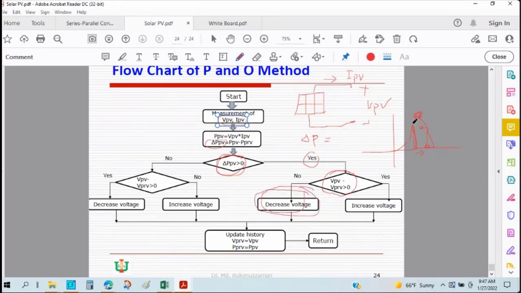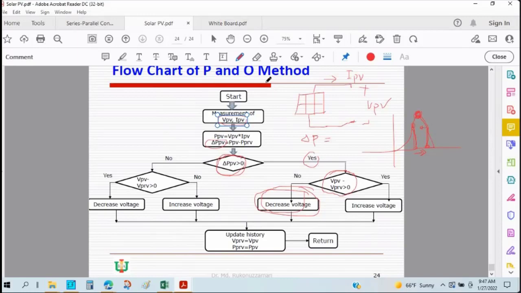If we are at this point and the maximum power point is here, we have to increase the voltage to get the maximum power. Or if we are here and power is increasing but the voltage is decreasing, then the maximum power point will be here, which means we have to move backward.